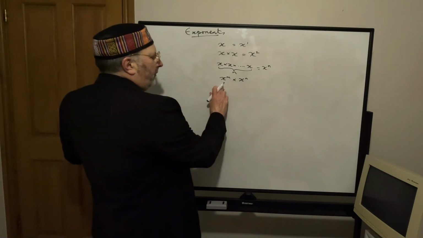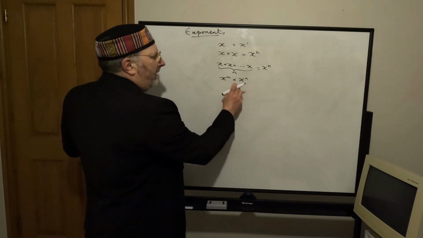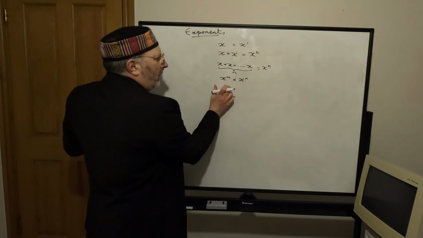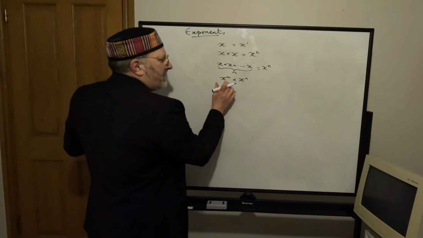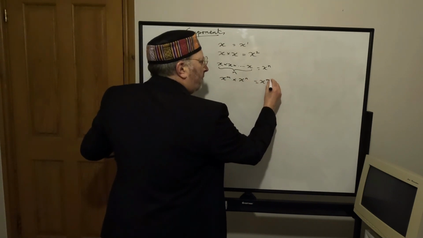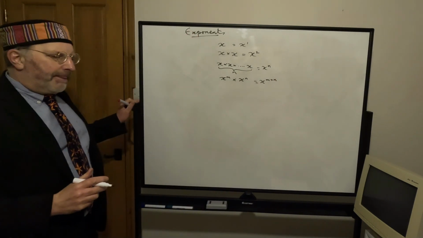What will that be equal to? Well, we've got m x's multiplied together here and n x's multiplied together here, and we're multiplying all that together. So there's going to be m x's and then n x's. So in total, there's m plus n x's being multiplied together. So that's going to be x to the m plus n.